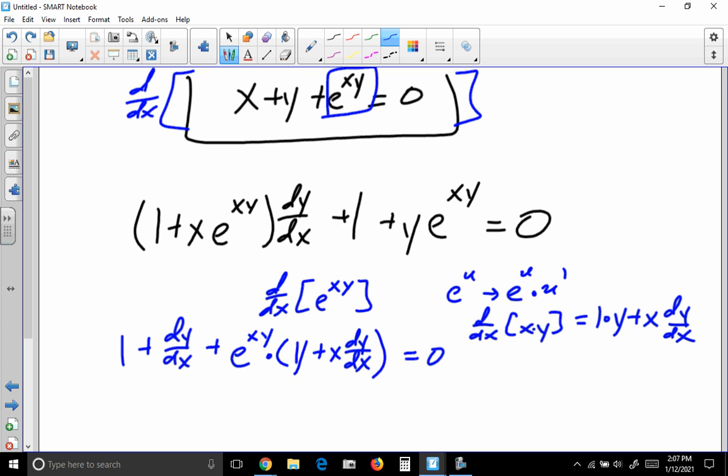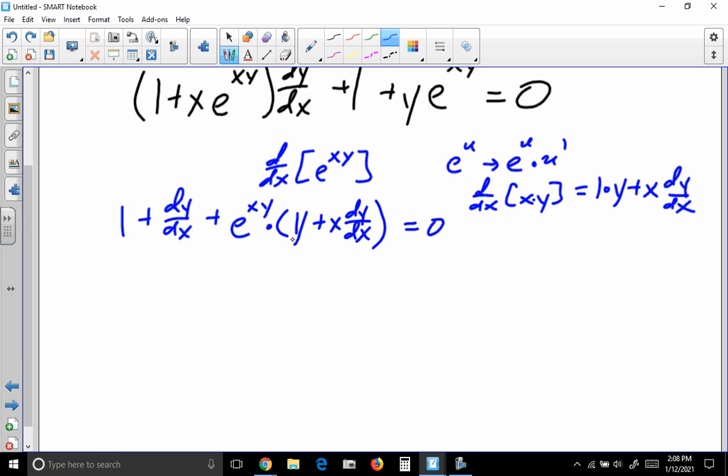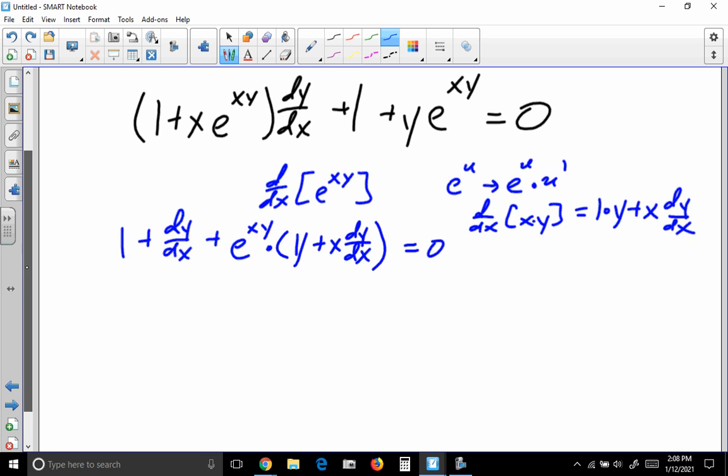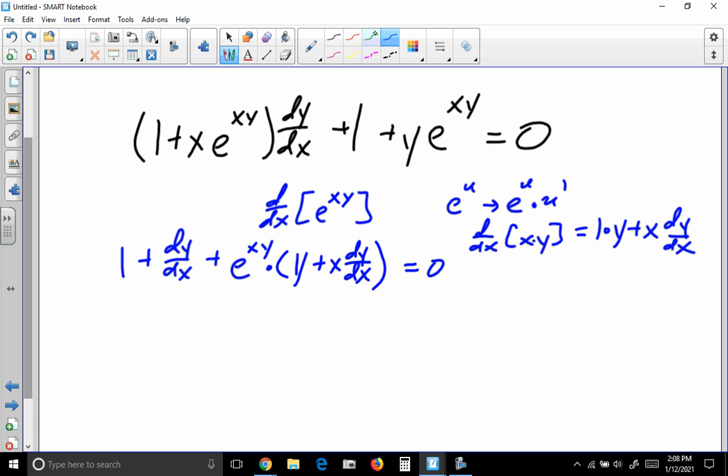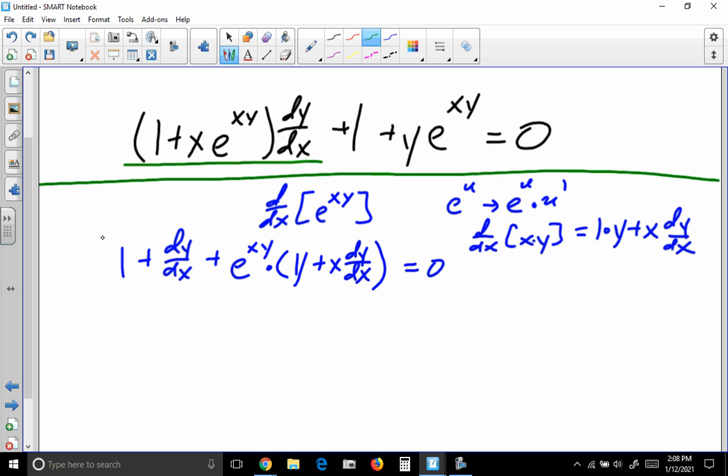Not exactly. So let's get rid of the parentheses we have. Notice that in our differential equation that we started with, that we're checking to see whether our implicit equation is a solution of, it has dy dx on the outside of a parenthesis. Or we could say dy dx is a factor of those two terms.